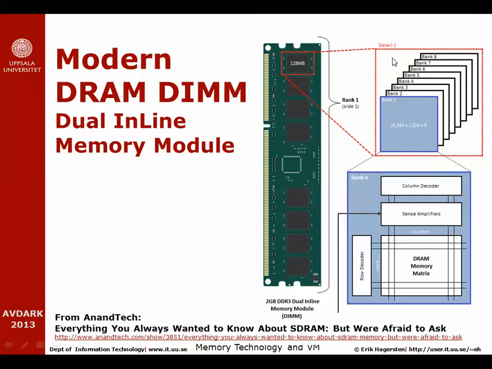And you will do this RAS and CAS and so on. That will happen internally on the chip at the mesh level. So there are 8 banks, and each one of those banks has this kind of mesh in it. I have a URL at the bottom of this slide where you can find more information, quite nicely presented, at AnandTech.